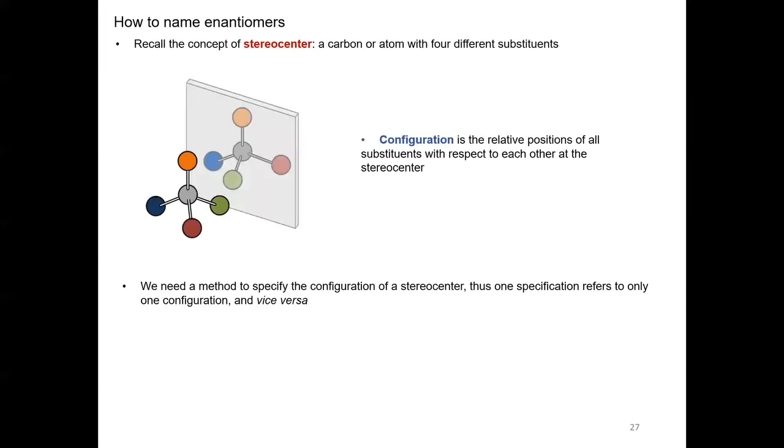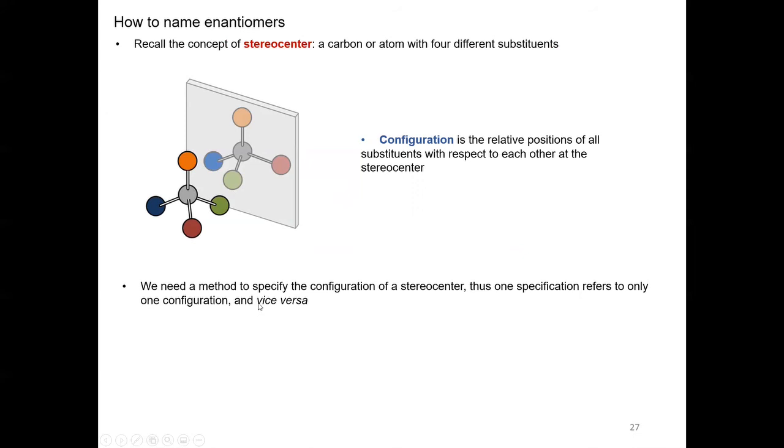So how to name enantiomers? You know that the stereocenter is substituted with 4 different substituents, right? We also call the relative position of these substituents configuration. So configuration is defined by the relative position of all substituents. There are 2 of them because there is a pair of enantiomers.